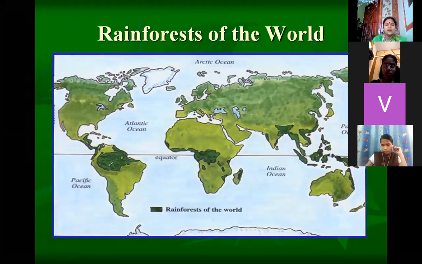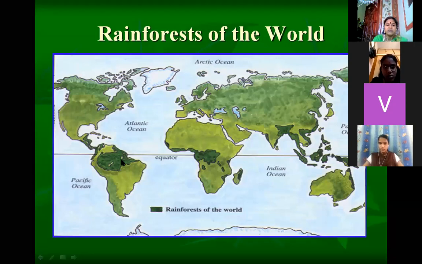See, in this map you could see the rainforests of the world. From here it starts, from North America, here Mexico, okay, then here South America, the Amazon forest, we could see rainforests here in Brazil, Peru, like that. Then in Africa, equatorial region, we could see evergreen rainforests.